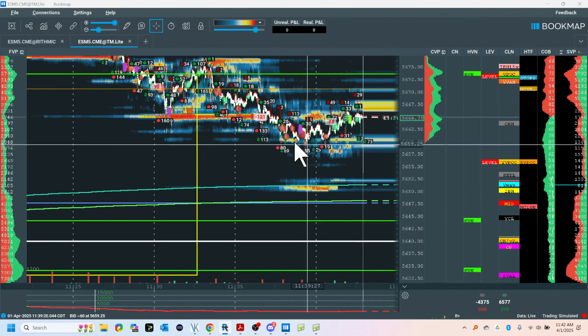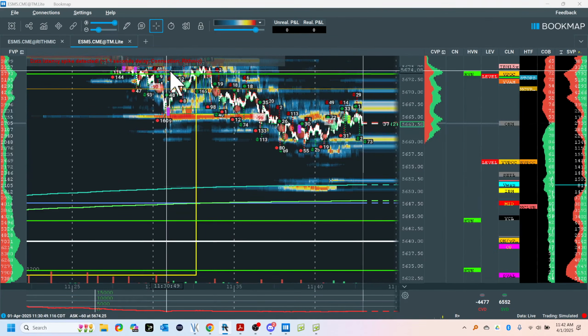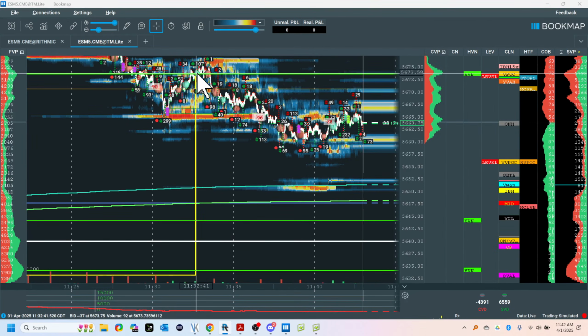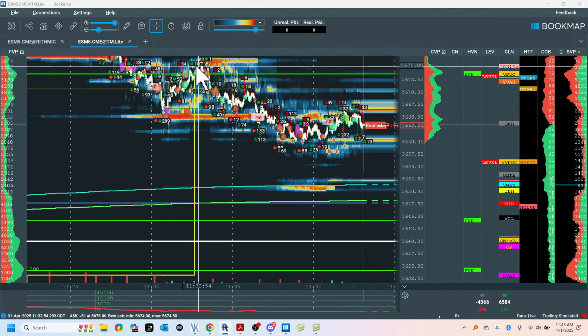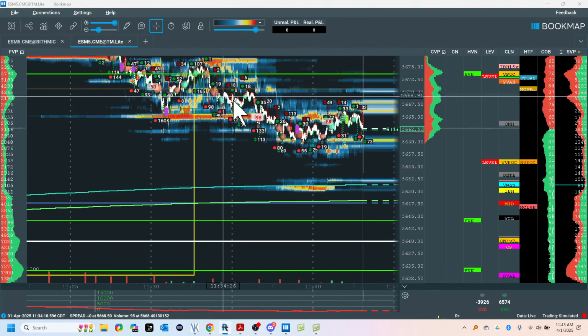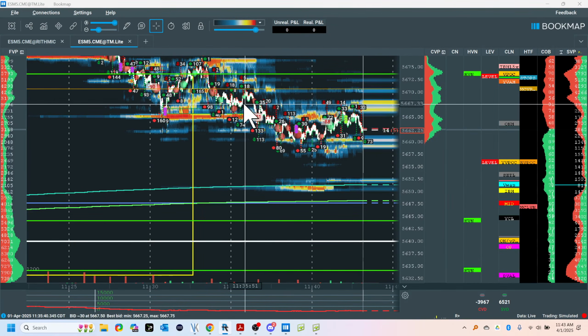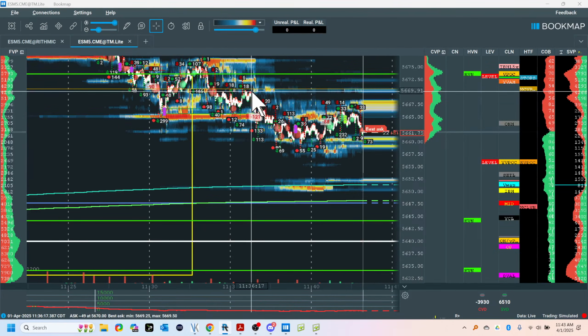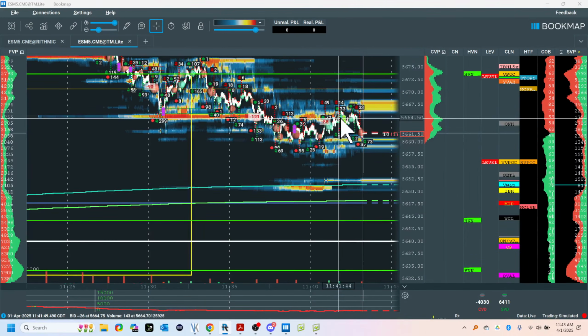Now, this is not a double bottom. But intraday, the reason they're weak is because day traders trail their stops. So whenever I'm looking at structure, I'm going, if I was short, where would I be trailing my stop? Well, at some point, the market is going to counter rotate into the stops.